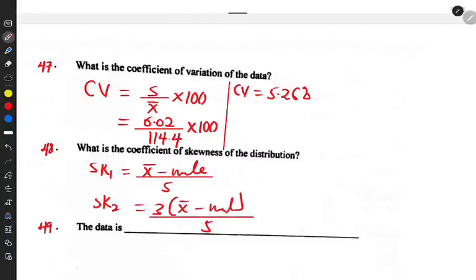It is used where we have a weak mode or multiples of mode values. So if we have a weak mode, where the value of the mode is very small, or we have multiple modes, that's multimodal, then we go by the second formula, which is 3 times x bar minus the median over the standard deviation. So let's take note of that.